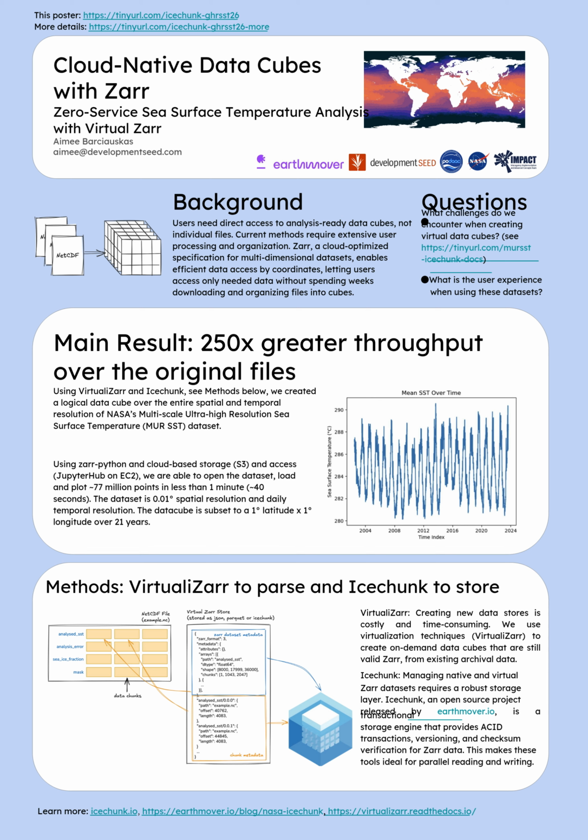There's also a great blog post about this work from Earthmover at earthmover.io/blog/NASA-icechunk. That blog post goes into these same methods but used for the GPM IMERG dataset. And there's documentation for this specific project at github.com/earth-mover/icechunk-nasa. Thank you for your time.